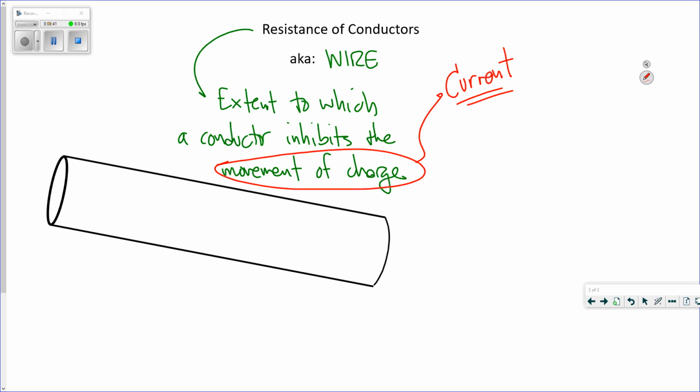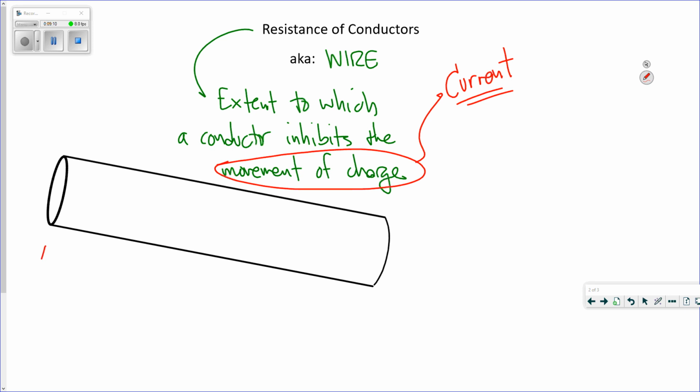It's easy to say the extent to which it resists, but that's kind of a circular definition. Resistance is how much it resists. So I use the verb inhibits, kind of like resists. All right, so every conductor, every wire has some resistance to current. And that resistance depends on a couple of physical dimensions, really.